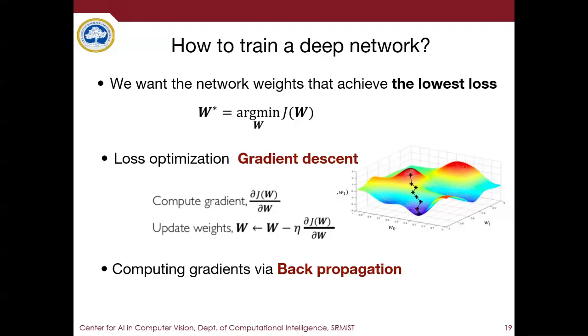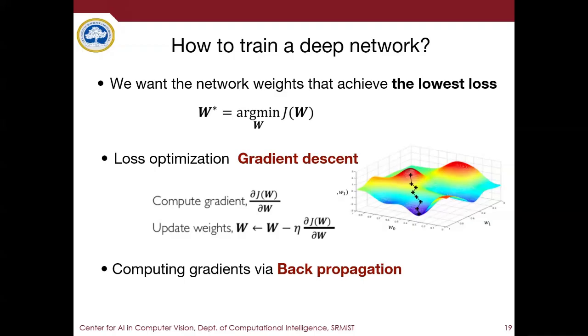So you will be finding out the W value, and we will be checking at what point we are achieving the minimum loss. What is the meaning of J(W)?